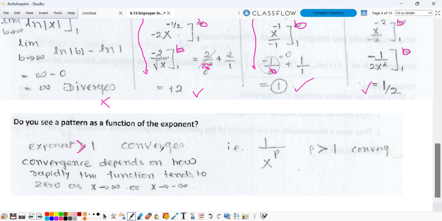These are all 1 over something, which converges. So p greater than 1, converge. This is going to be a multiple choice question, and you have to know what values of p, and you don't want to spend time evaluating the whole integral. You can just say this is greater than 1. That means if I'm looking at the horizontal asymptote, then the integral converges.